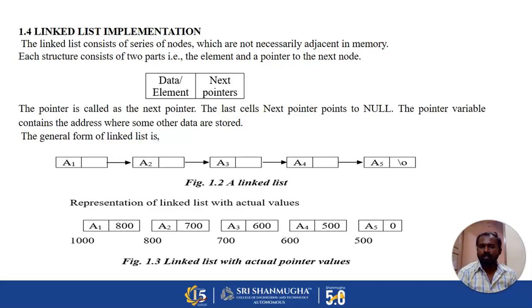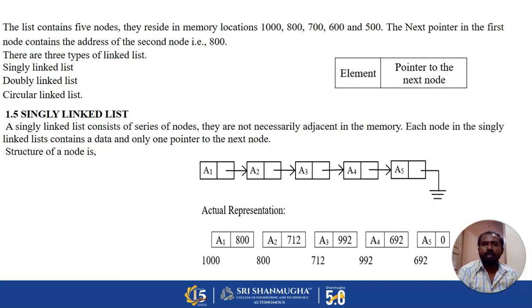Okay, representation of a linked list with actual values: A1 800, A2 700, A3 600, A4 500, A5 500. The last value is null. This is the linked list with actual pointer values. The list contains 5 nodes that reside in memory locations 1000, 800, 700, 600 and 500. The next pointer in the first node contains the address of the second node.